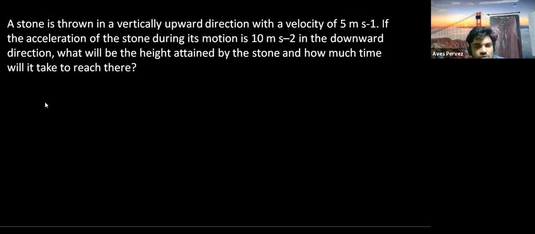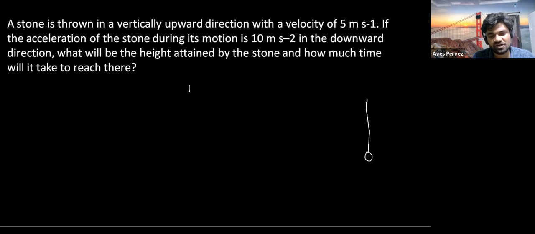A stone is thrown vertically upward with a velocity of 5 meter per second. What is being given to us? The stone is thrown vertically upward, with an initial velocity of 5 meter per second.